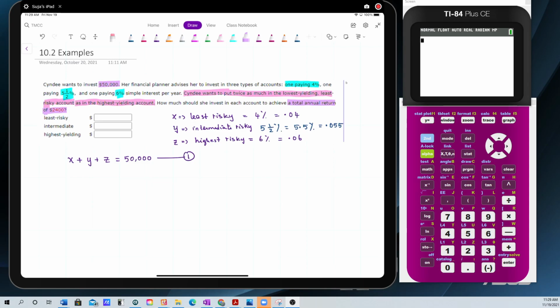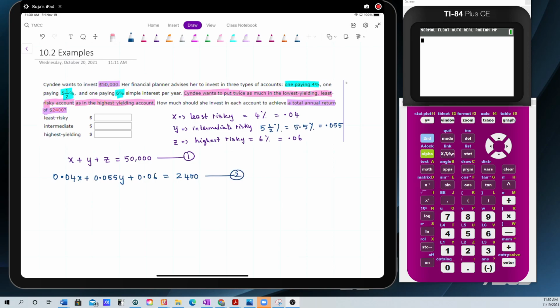If X is the least risky account paying 4% interest, then the amount you would get out of it is 0.04 times X. So that plus, for the Y, the intermediate risky account, the interest is 5.5%, so it's going to be 0.055Y plus 0.06Z, which is the third account. This all equals 2,400, and that can be my second equation.